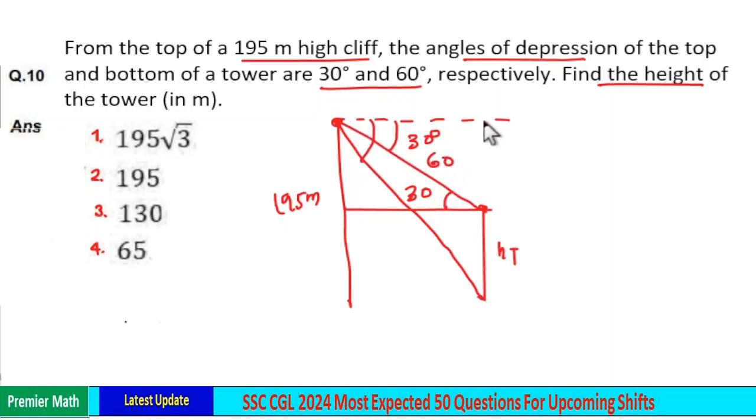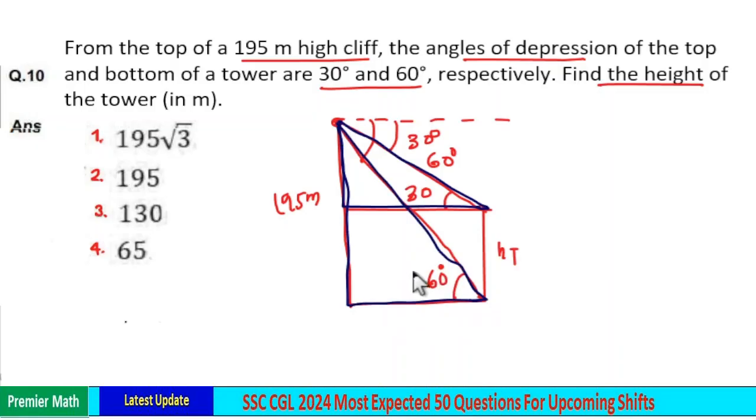That is from this horizontal line to the line of sight, the angle is 60 degree, which means if you draw a horizontal line here, this angle is also 60 degree. Now we have got two triangles, one with angle 30 and other with angle 60.